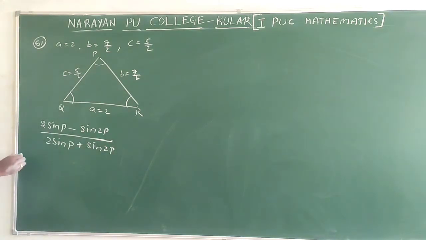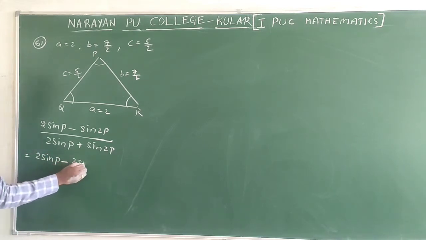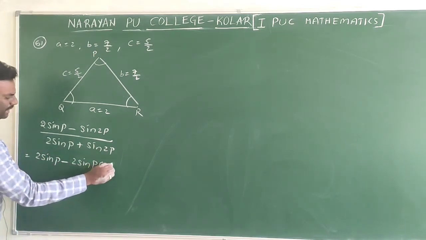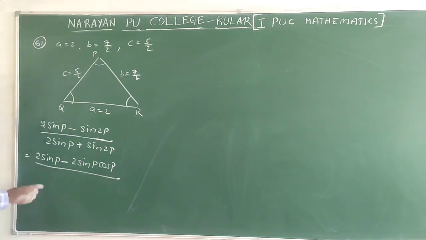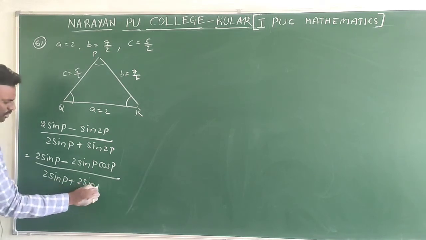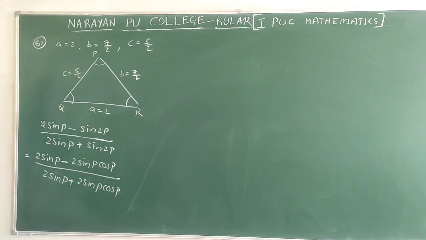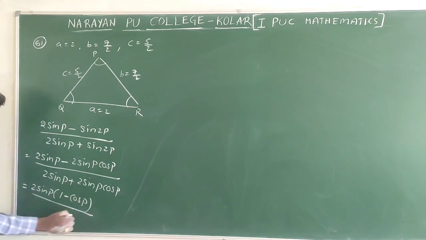You will simplify this. 2 sin P minus sin 2P can be written as 2 sin P minus 2 sin P into cos P, by the denominator 2 sin P plus 2 sin P into cos P. Here I can take 2 sin P common in the numerator, 1 minus cos P, and in the denominator also 2 sin P common, 1 plus cos P. Now 2 sin P gets cancelled.